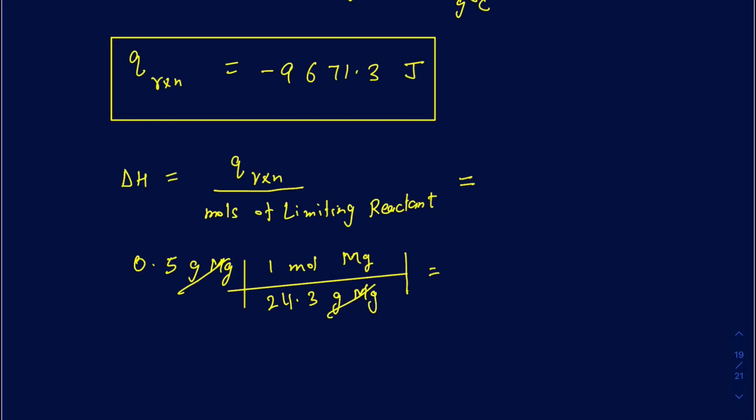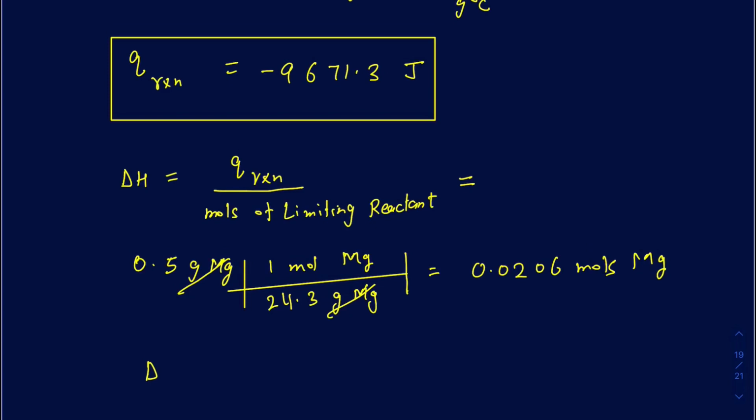Okay, so we got 0.5 divided by 24.3, so it's going to be 0.0206 moles.